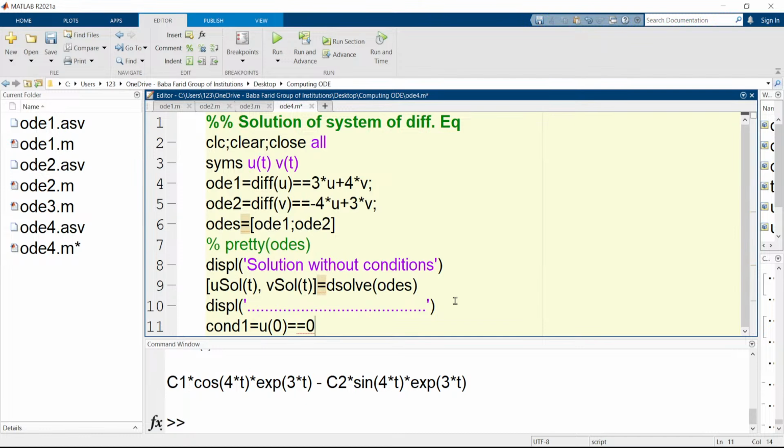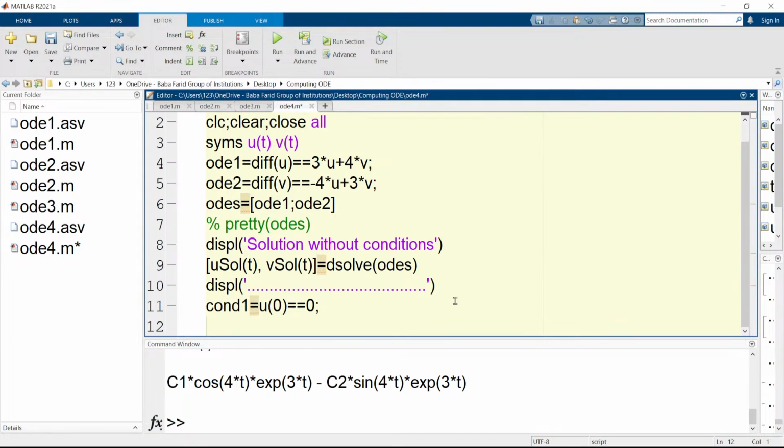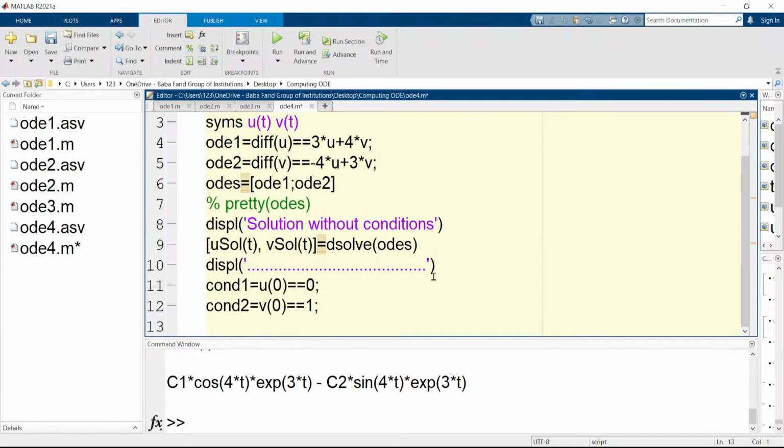This is the first condition, and condition 2 is V0 equal to 1. These two conditions are given, and you can use this statement when you have the conditions given.